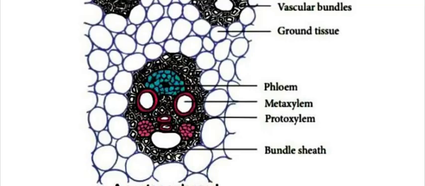Bundle sheath, we can see a prominent bundle sheath on all sides, but more prominent on the upper and the lower part of the vascular bundle.